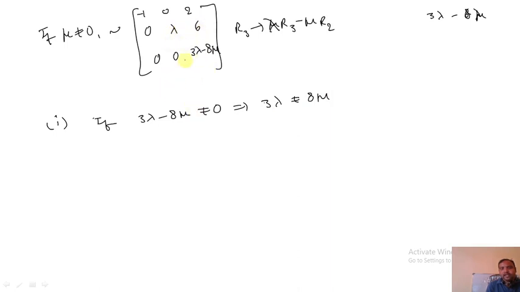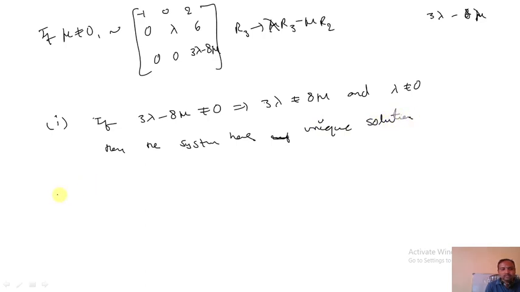This term is non-zero and nu is non-zero. Using this one, this converts to 0. Then the system has a unique solution.